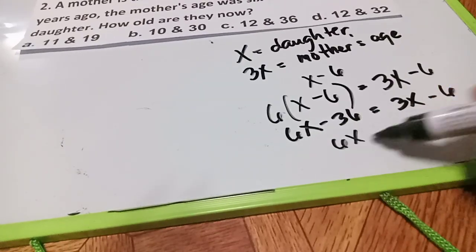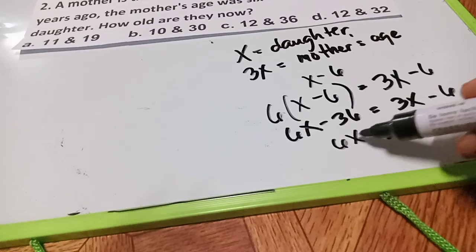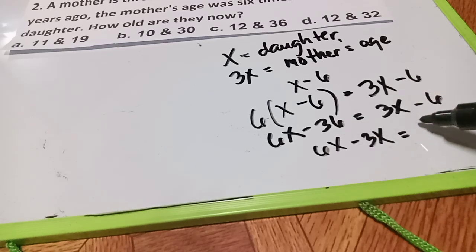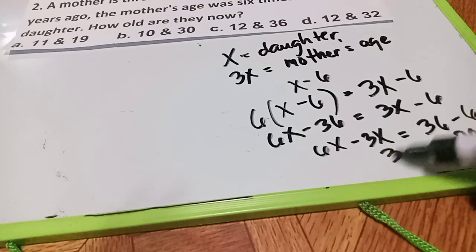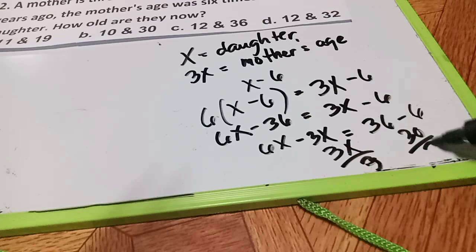So combine like terms. 6x minus 3x. Transpose, positive will become negative. And then negative 36 minus 6. So this will become 30 and this will become 3x. Divided by 3, divided by 3.